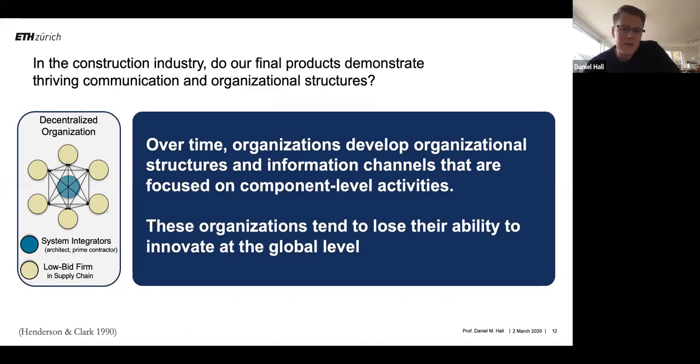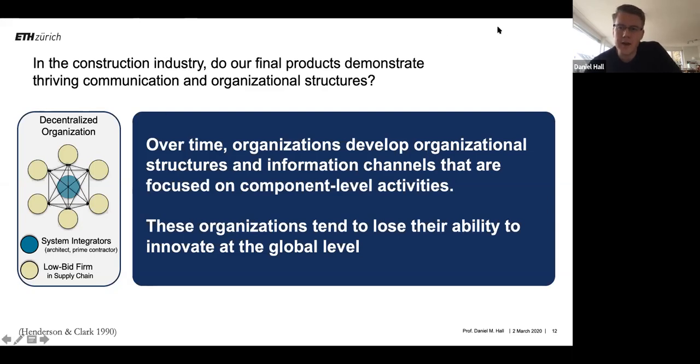In particular, this is one way to think about the problems that occur when you have a certain industry structure. And I'll read these 2 statements. Over time, organizations develop organizational structures and information channels that are focused on component level activities. But these organizations tend to lose their ability to innovate at the global level.